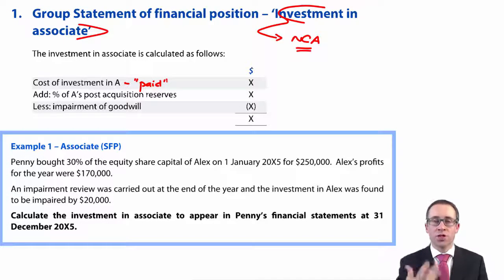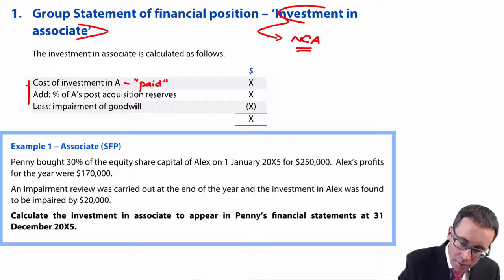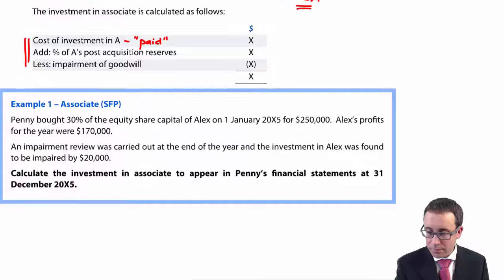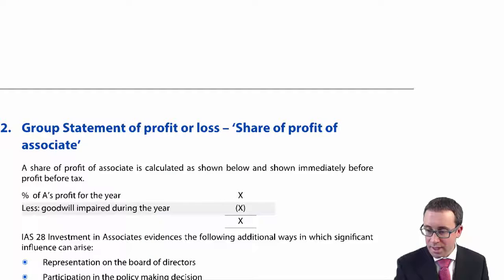Therefore, we decided to reduce the value of it for whatever reason that may be. Okay, so it's key, therefore, that you learn that pro forma. It's the cost of the investment plus your share of whatever A has generated since the date of acquisition, and then you reduce that value by any potential impairment. Okay, there's a nice simple example just below which pulls it together.